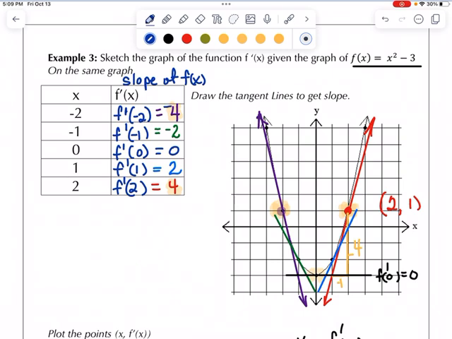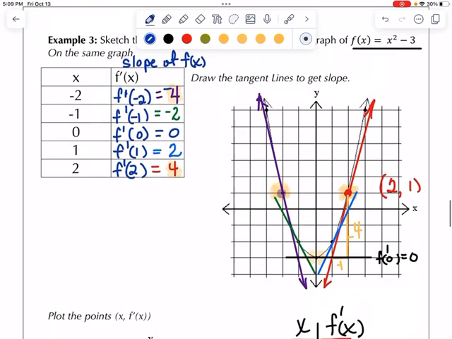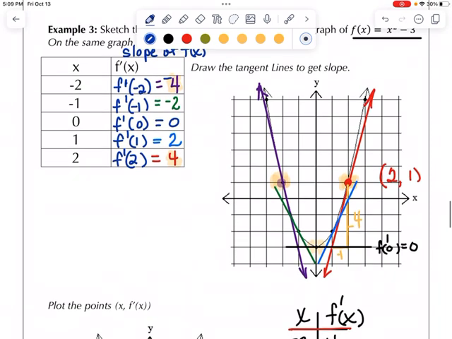Okay, and then at -1 and 1, the slope appears to be 2 and -2, or -2 and 2 respectively. And then you can see at 0 that the slope or the derivative is equal to 0, or there's a horizontal tangent line there. So you can see that the slopes go from negative, pretty negative, to less negative, and then to 0, and then to positive and more positive.